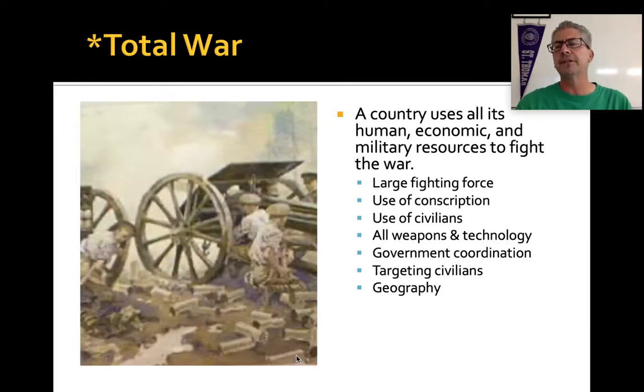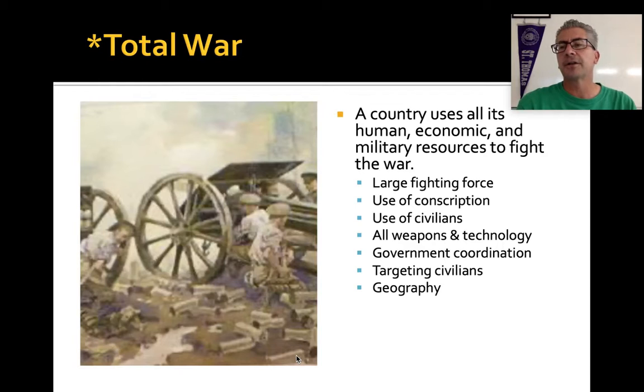The use of civilians here, we're talking about the civilians on the home front, used in a number of ways, maybe in defense-related industries, or be part of various types of drives, like scrap drives.